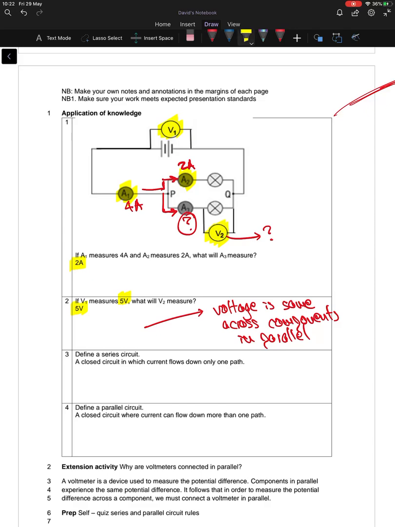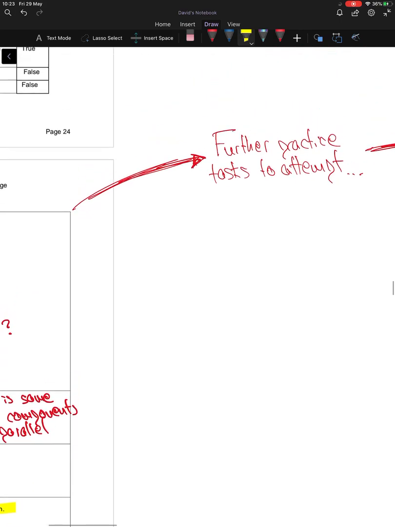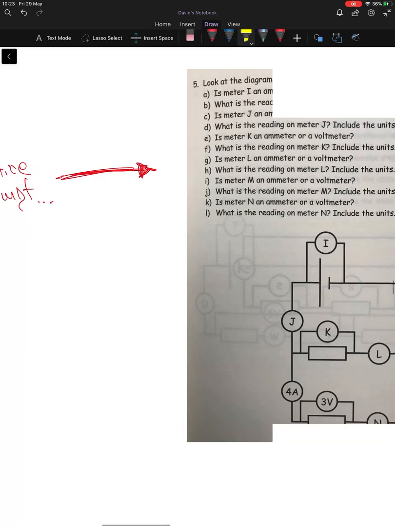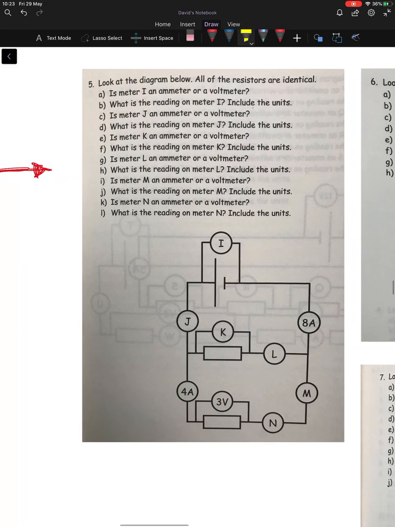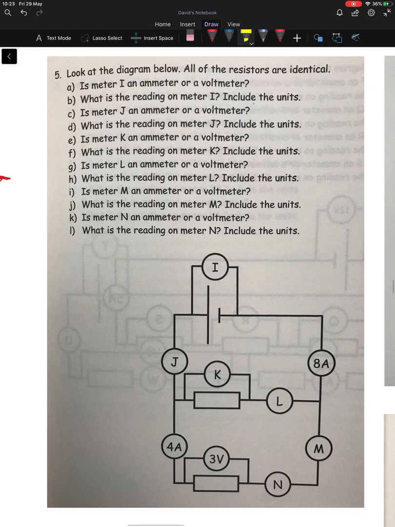Right, good. So if you've had a go at those, the next thing I would like you to have a go at is some further practice questions. So I'm going to display these questions on the screen. What I'd like you to do is pause the screen and have a go at these questions.